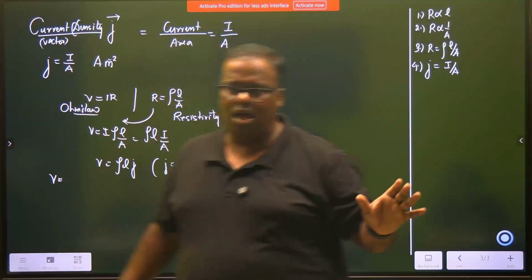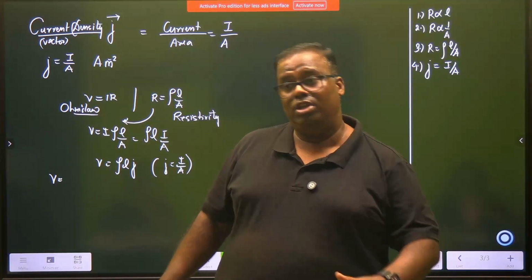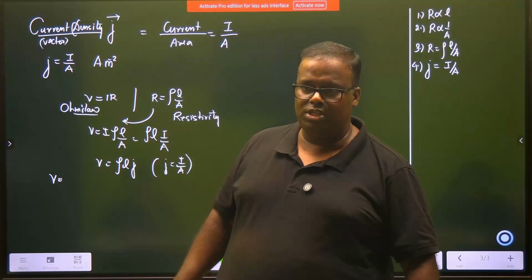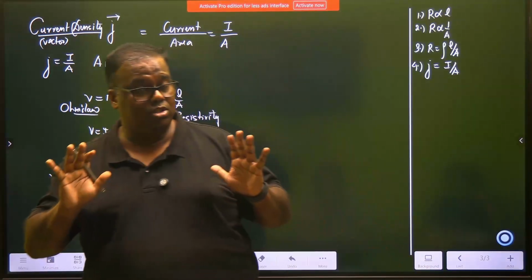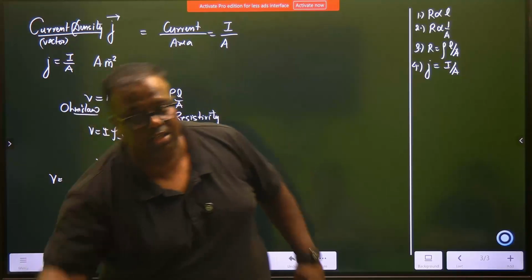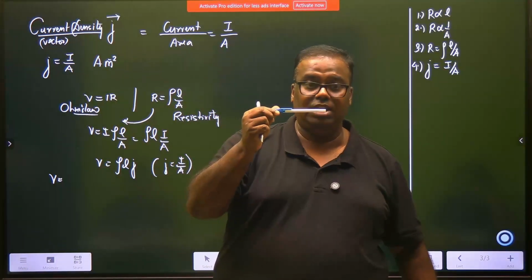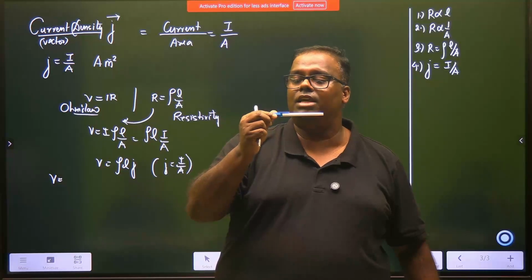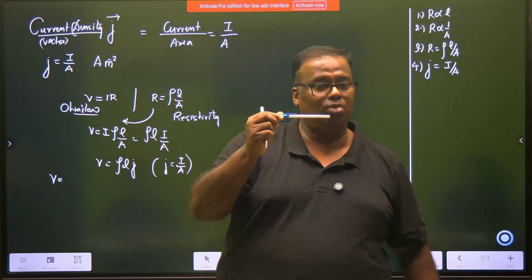So ultimately we say no electric field, no current. And when you give an electric field, what happens? Does the collision stop? No, the collisions do happen. This concept should be very clear with you. This is a conductor, no electric field. Do I have free electrons inside it? Yes. Don't they get excited and attracted to the positive centers? Yes, they do. They will have a lot of collisions.